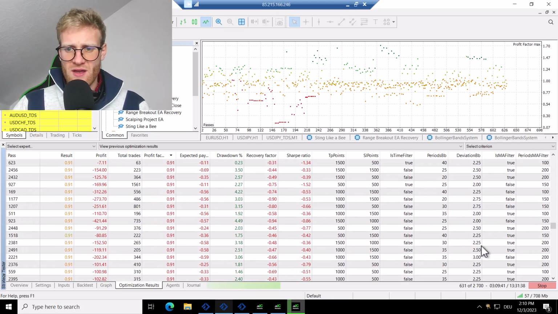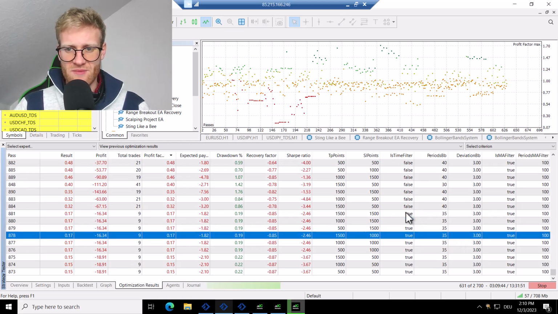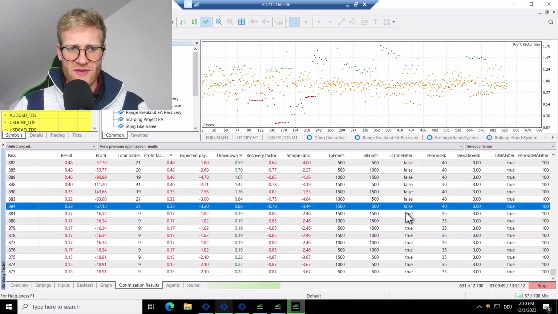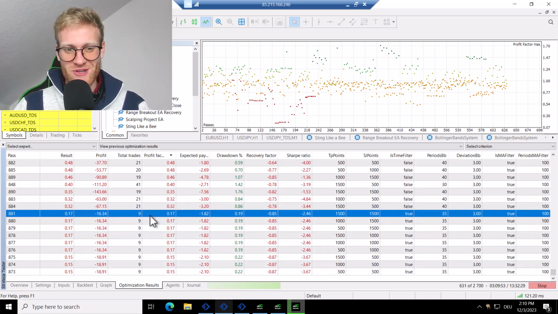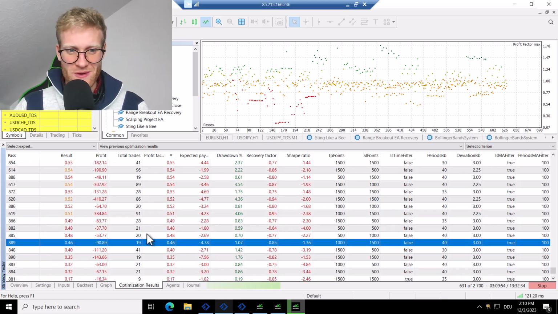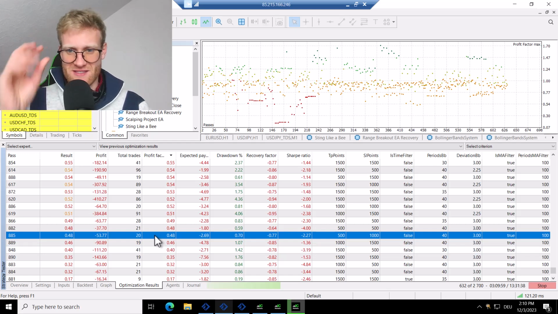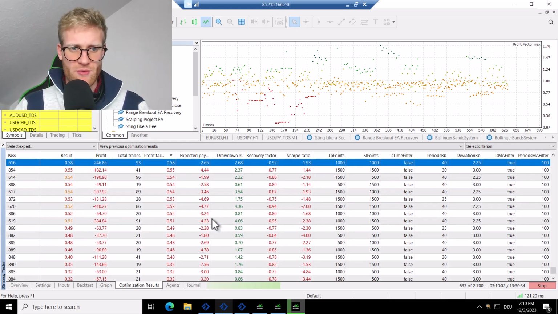So if we have a look at the negative results, we can see also, of course, here we have some of the negative results that use the time filter and the moving average filter, but I wouldn't really take this into consideration because there are only 9 trades and here are only 20 trades. So I wouldn't even look at these results because the sample size is just too small. There's no real message or information that we get from this.